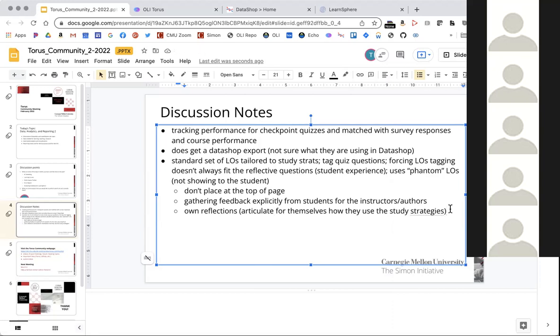So it sounds like for those, even if we allowed you to create questions that weren't attached to learning objectives, about three-quarters of those where you're gathering feedback could actually be tagged to some objective, like you just said, articulating for yourselves how to use the study strategies.